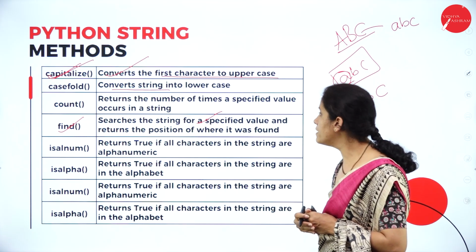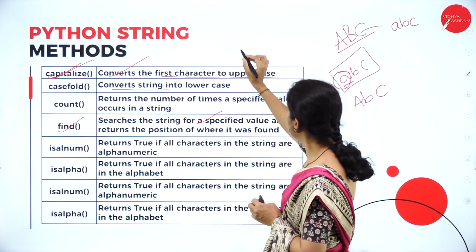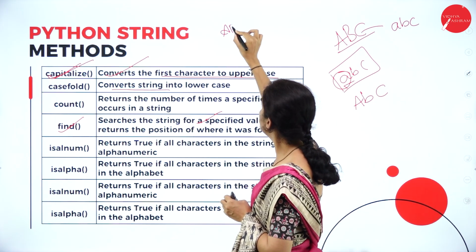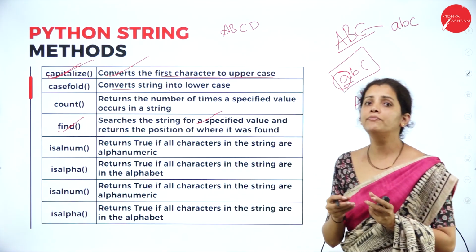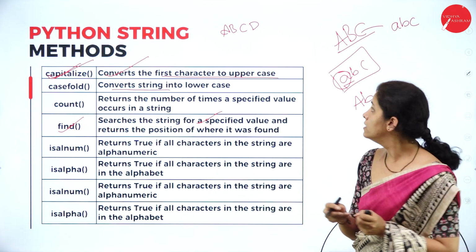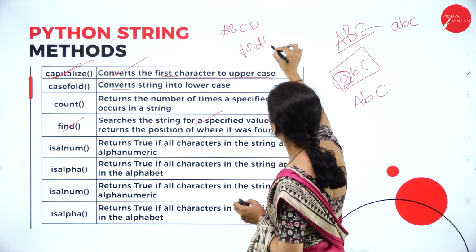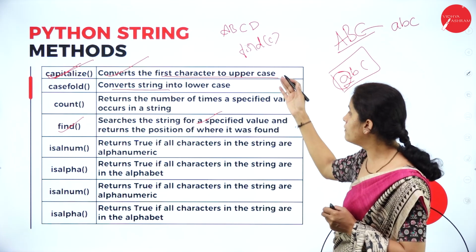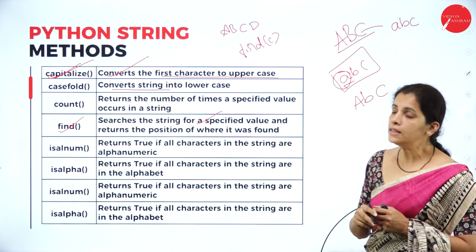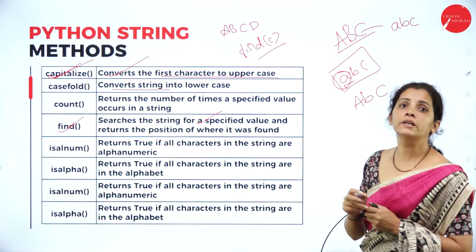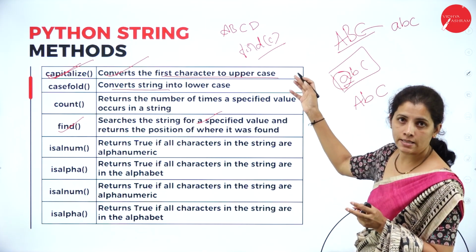Return the position whether it was found or present. For example, think that I have A, B, C, D. And if I use the find method and I want to specify the value C, this method is going to return the position where the value is present.